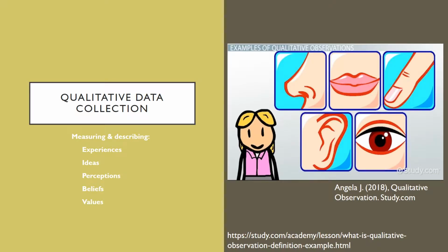Qualitative data collection occurs when a researcher is wanting to measure or describe the experiences, ideas, perceptions, beliefs, or values of a person or group. This data is coming to the researcher through the filter of observation, or being collected in a way that allows an individual an option of choice in how descriptive they decide to be with their reporting.